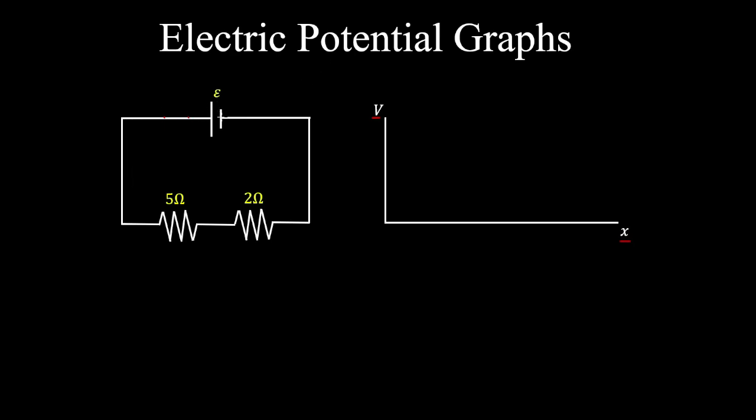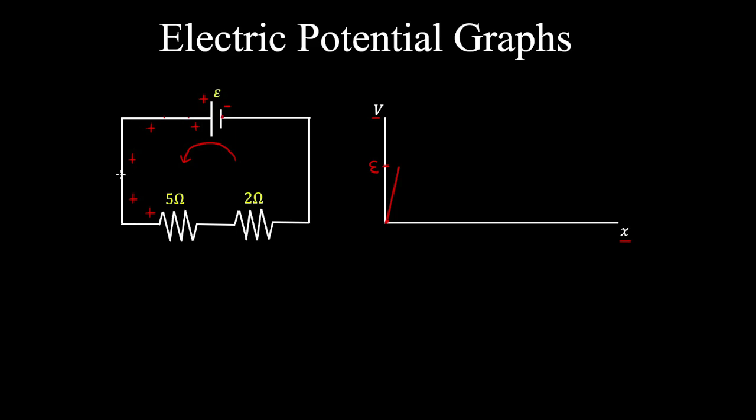So initially, we'll start at an electric potential of 0 at the negative terminal and move along the direction of conventional current, which is the direction that positive charge would flow, in this case being anti-clockwise. So what we have is 0 at the negative terminal, and the electric potential increases up to the EMF when we get to the positive terminal.